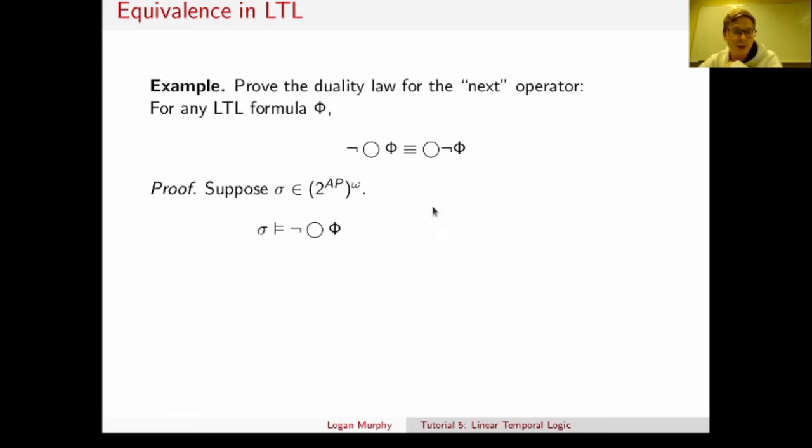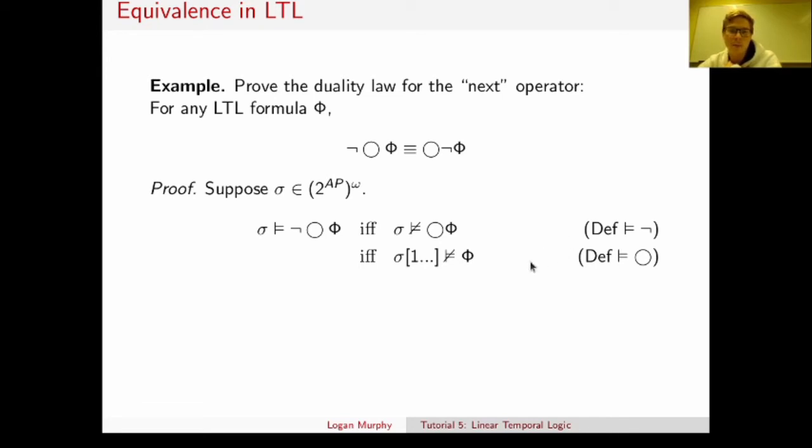Looking at the definition of satisfaction with respect to negation, this just means that sigma does not satisfy next phi. The same thing with the next operator: this means that sigma from the first index does not satisfy phi.